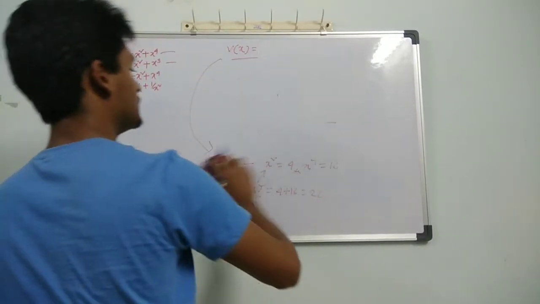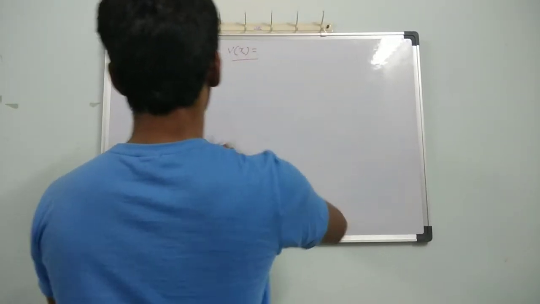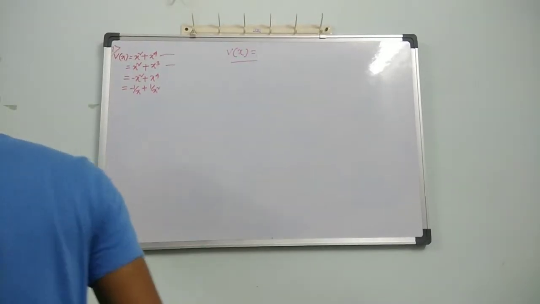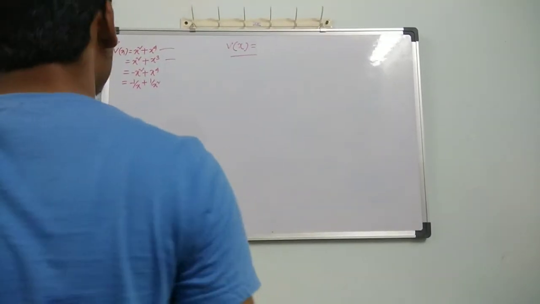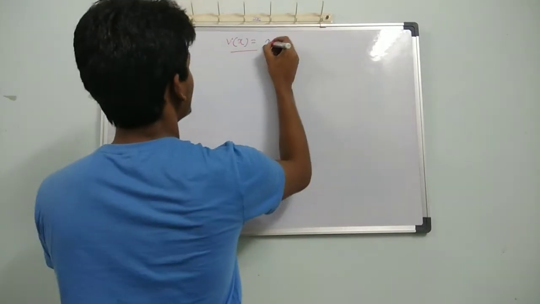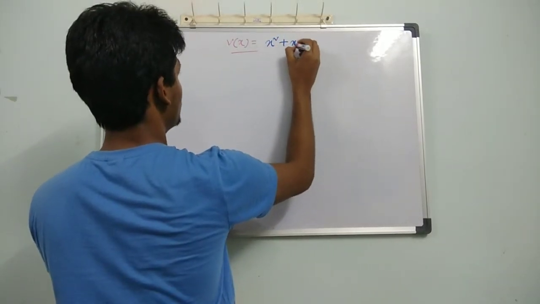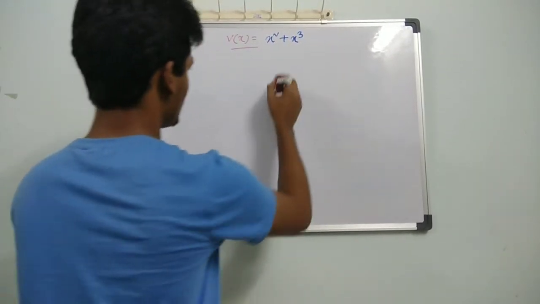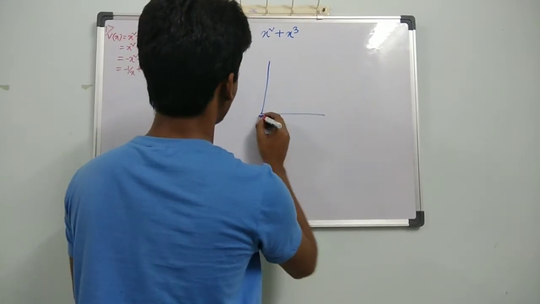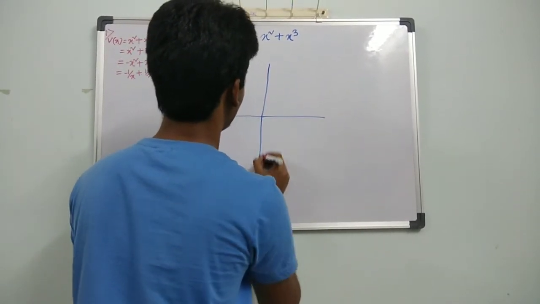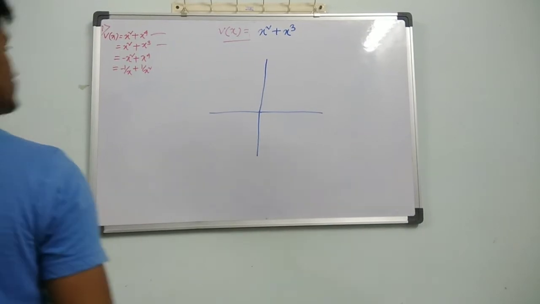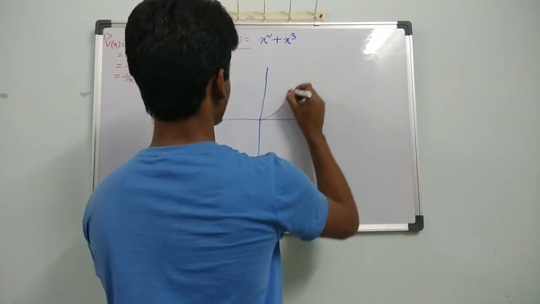So let me take the second example. The second example is x square plus x cube. So as you know, just draw. This is your x square.